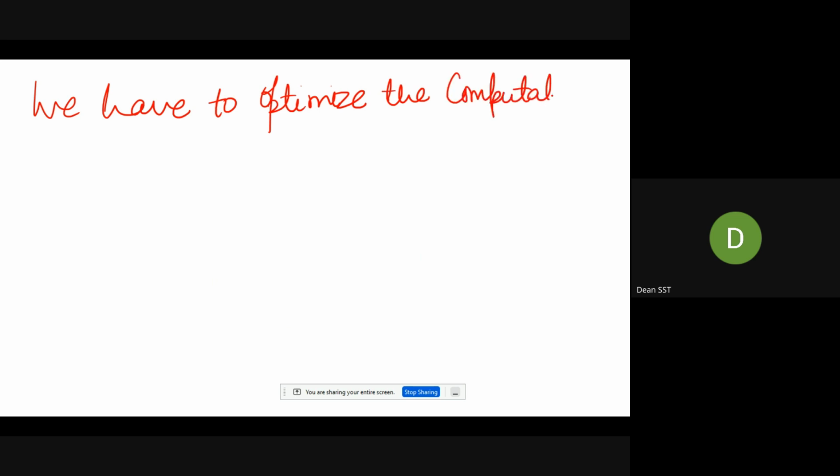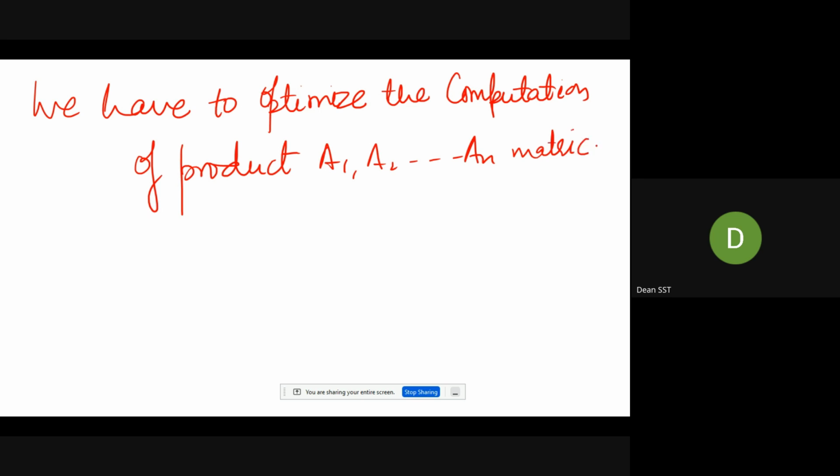We have to optimize the computation of the product of A1, A2, and so on, the product of these matrices.